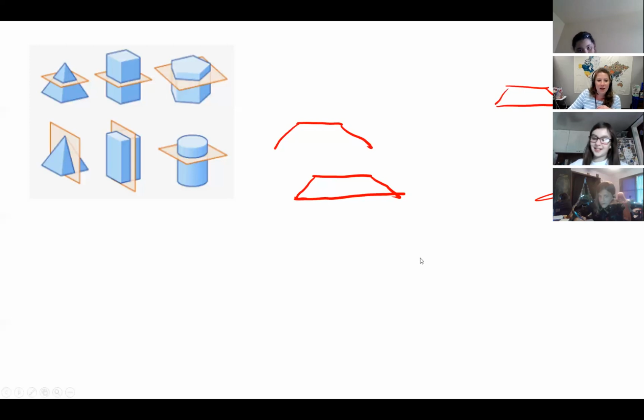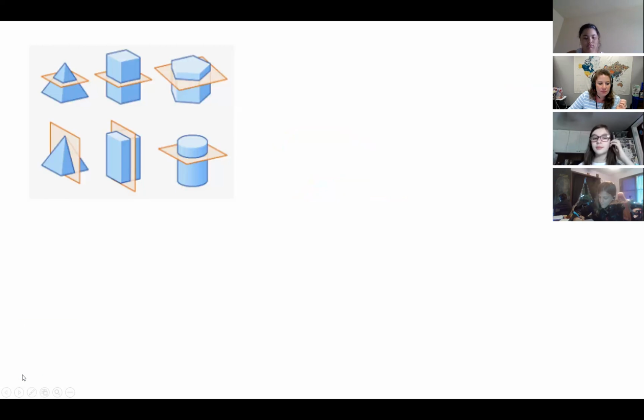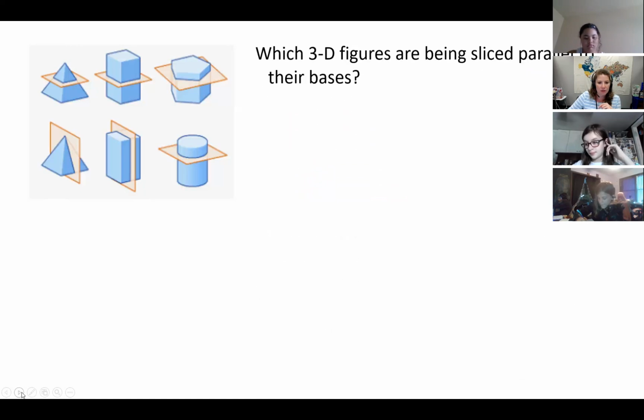All right, so what about the rectangular prism? If I cut it this way, perpendicular to its base, yep, we're going to see a rectangle, right? All right, y'all understand? Any questions on that? Good.